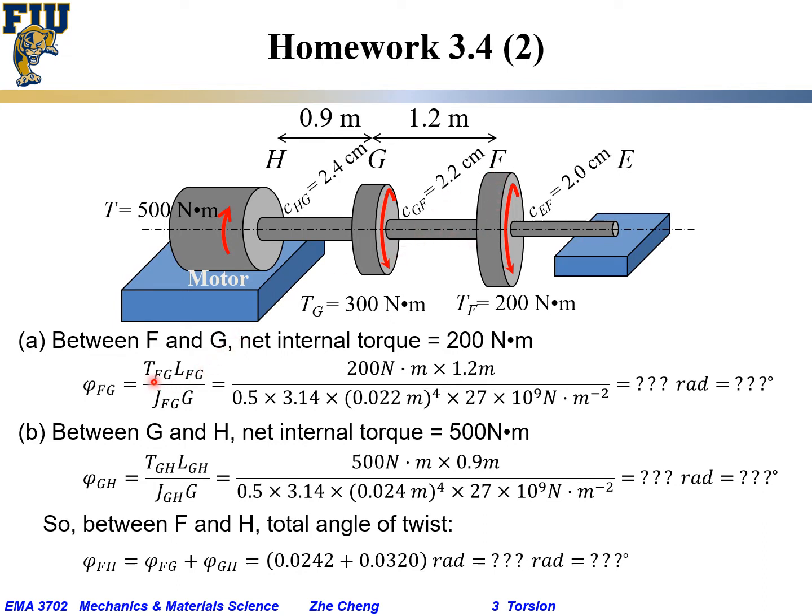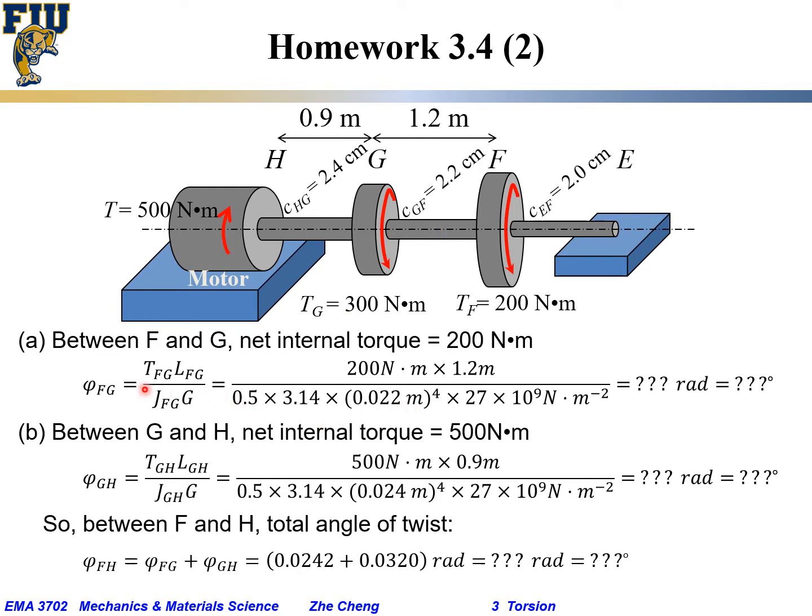L would be the length of the shaft between F and G. The longer the distance, the larger the angle of twist. That's natural. And J would be the axial moment of inertia for the shaft cross section. And of course, the larger the moment of inertia, the smaller the angle of twist. And finally, G would be the shear modulus. The larger the shear modulus, the more rigid the material is, the smaller the angle of twist.